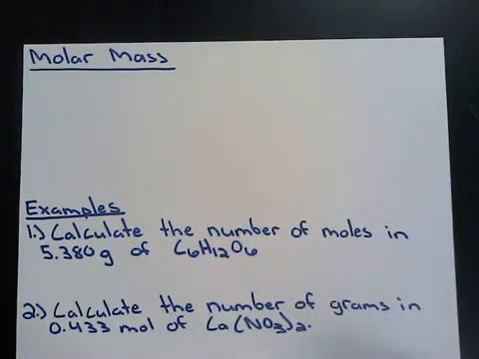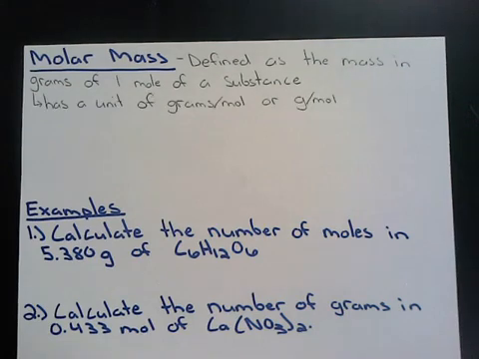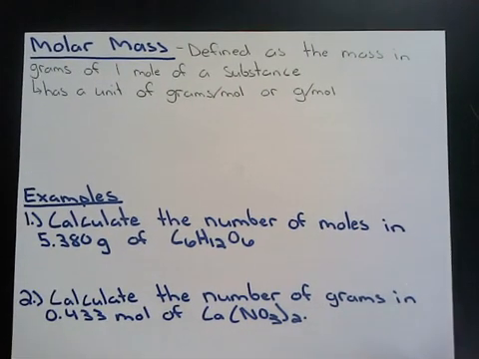Now, the molar mass is defined as the mass in grams of 1 mole of a substance. And the molar mass is going to have a unit of grams per mole. Now, a really important point here is this. The molar mass of a molecule is numerically equal to its formula weight in atomic mass units.